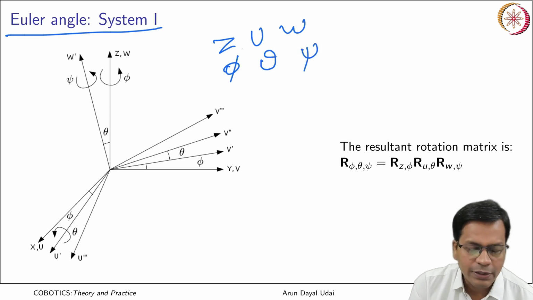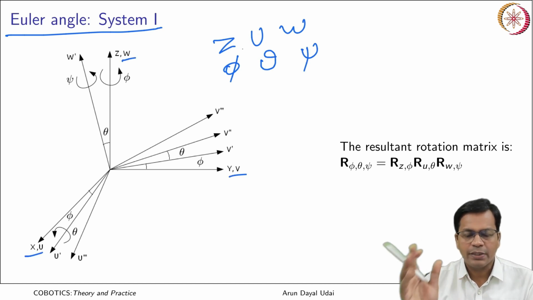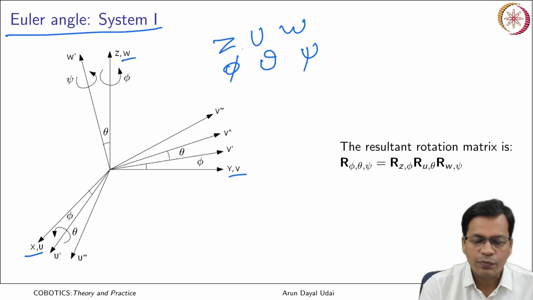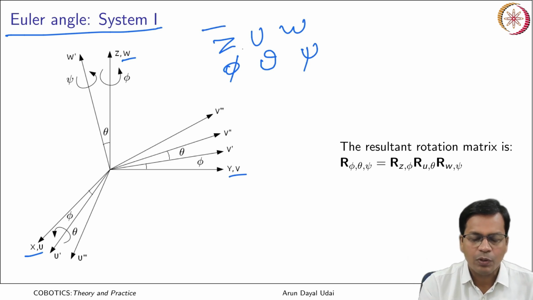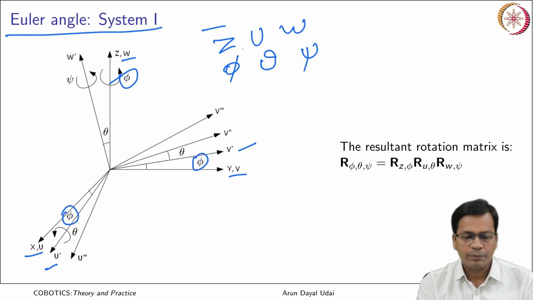Now let us see how it works. Initially U, V and W were aligned with x, y and z. After the first rotation, that is rotation about z by an angle phi, you see U comes to U dash, V goes to V dash by an angle phi. W remains wherever it was.